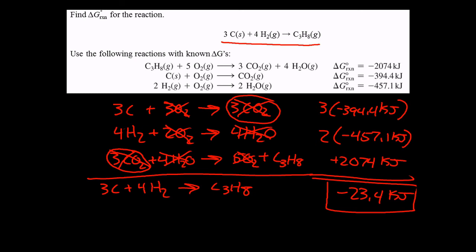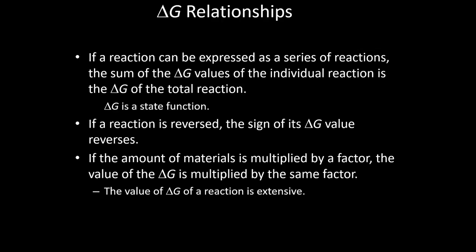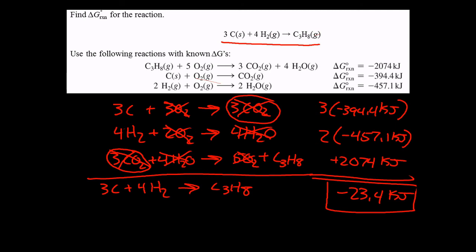But I think this is kind of tedious and not nearly as useful as just, why would I look for multiple equations that when added together give me the equation I want when I could just go to a table and get 3 numbers and be done. So I'm much more interested in you being able to do it this way. But you should still know that it can be done, and you should still be capable of doing it, since it is just exactly the same thing as what we did in Chem 1 with enthalpy values.